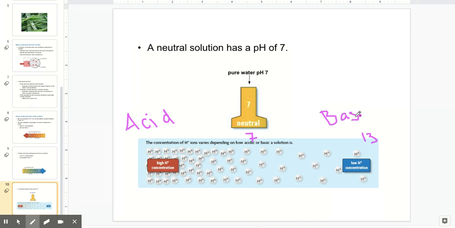We're going to continue our study of acids and bases because, in terms of living things, we don't want big fluctuations in acids and bases. Changes in these hydrogen ions can really cause problems for living things, so we don't want there to be changes very quickly.